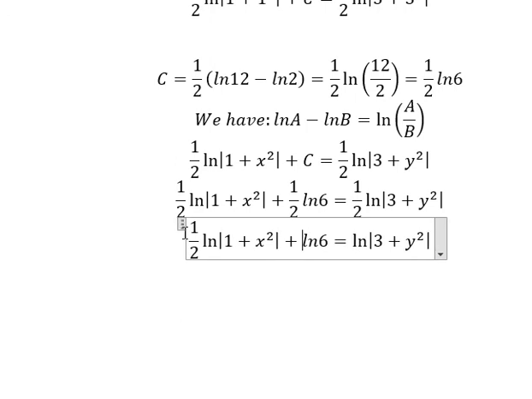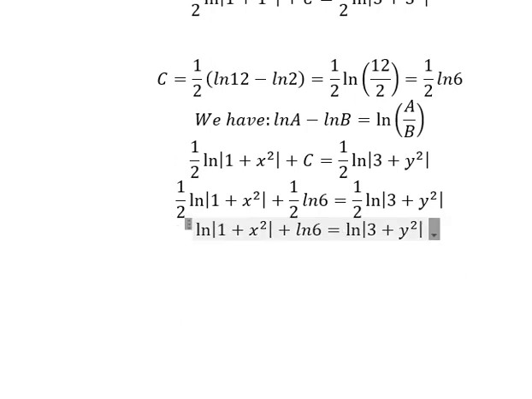Next, I will put e on both sides. So that should be like this.